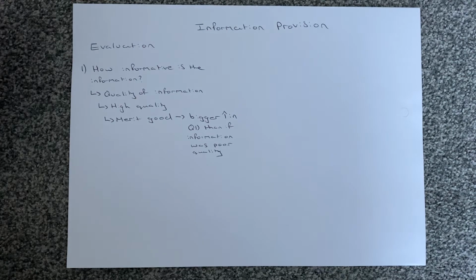Okay, so that's an example of poor quality information provision. The quality of the information provided is very weak. They've just been told that the vaccine is good for them. Okay, so consumers can't really see the benefits of it.